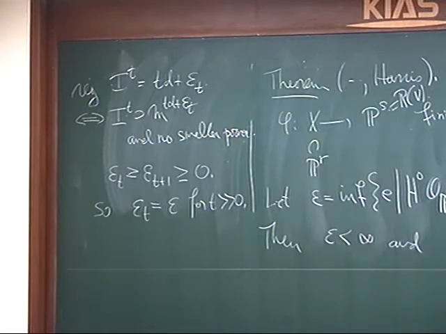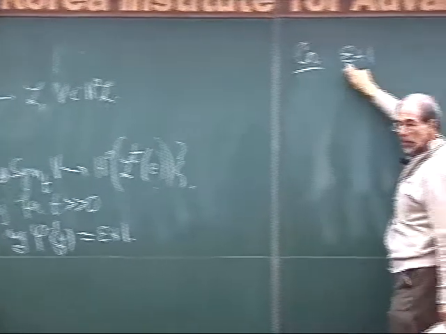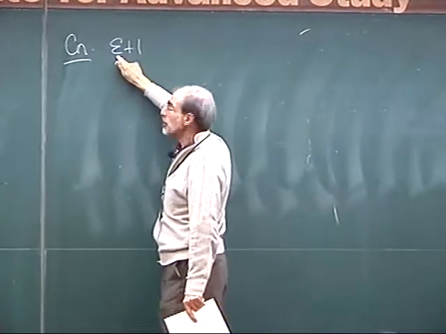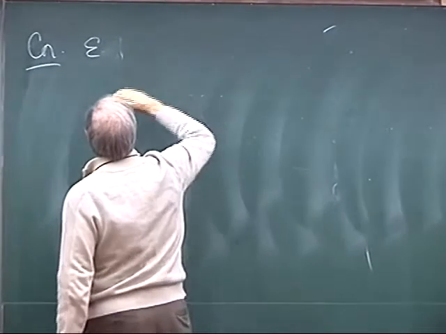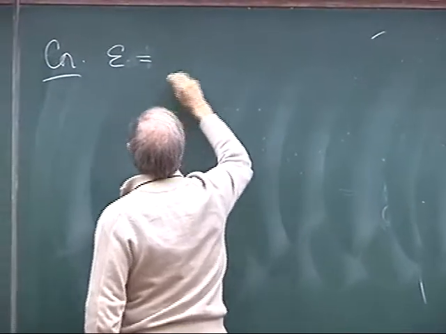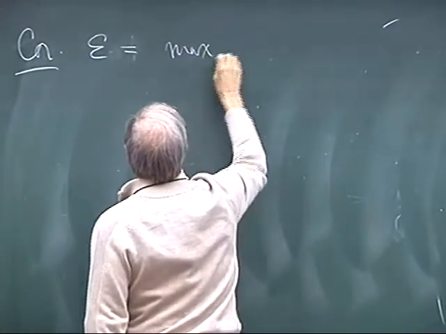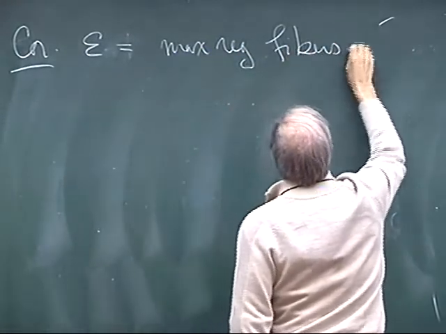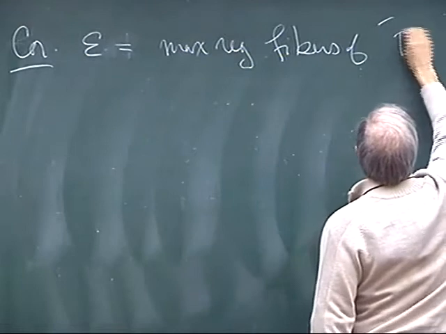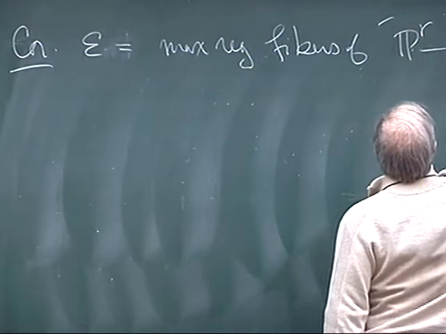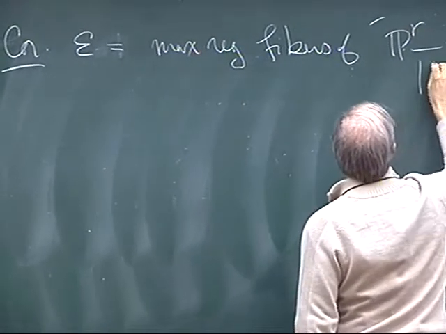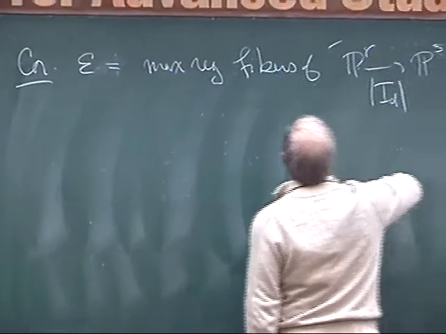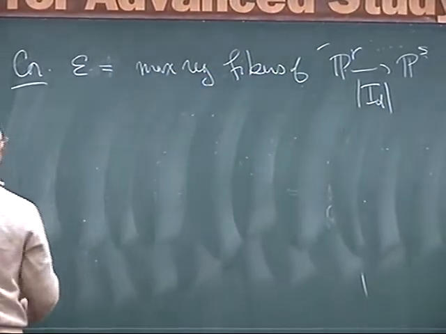So the corollary really is a special case. We would like to know something about epsilon. Well, epsilon plus 1 is good, so let's subtract the 1 from the other side. Epsilon is equal to the maximum of the regularity of the fibers of the morphism P^R to P^S by the series I sub D, plus 1.